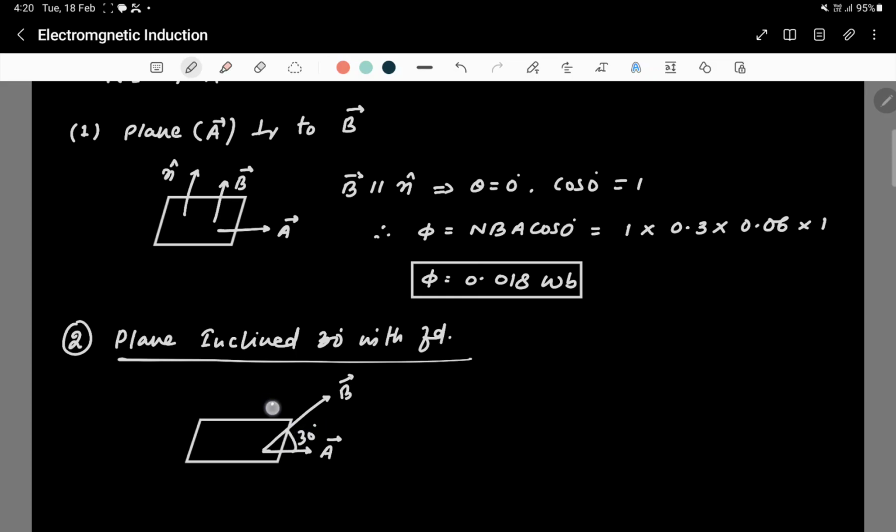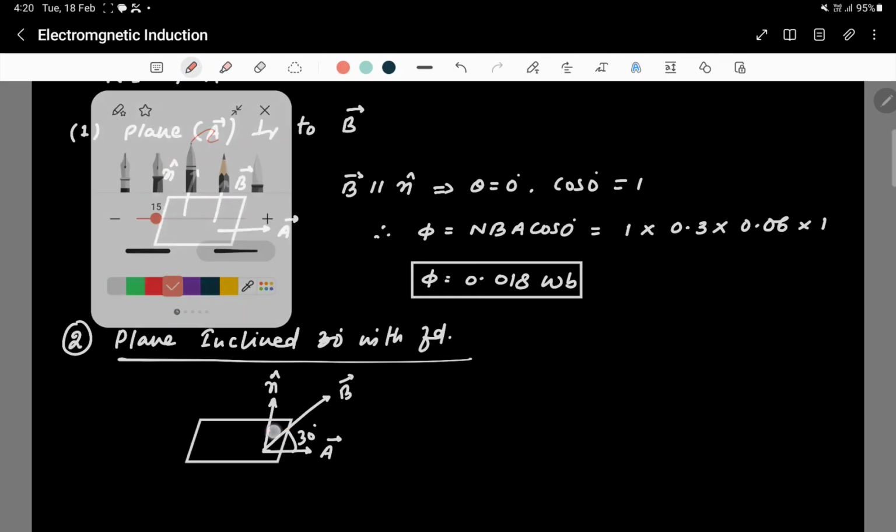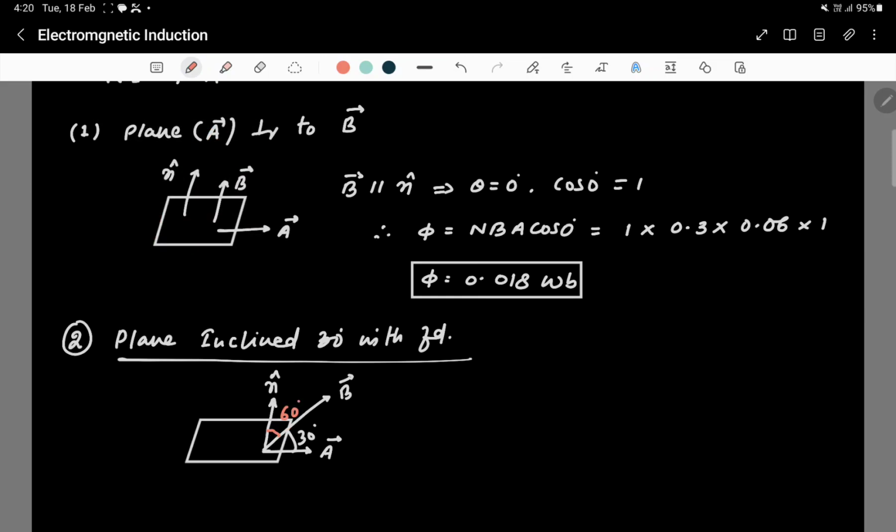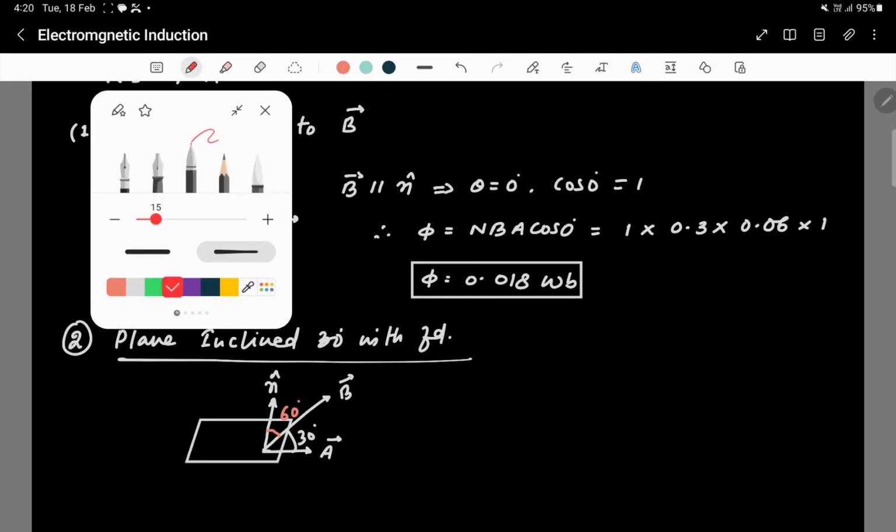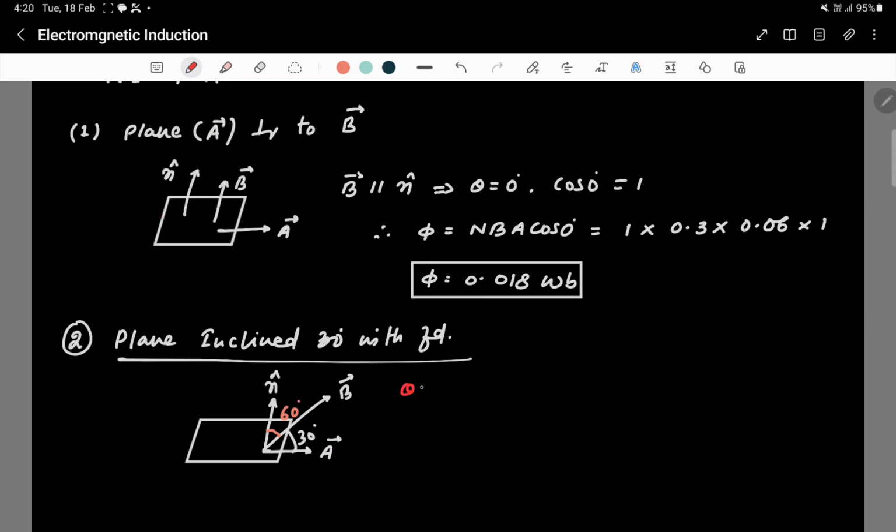So what is the angle between B and the unit vector? Here is 30 degrees, so it will be 60 degrees. Correct, very good. So theta is 60 degrees, and cos 60 equals 1 by 2.